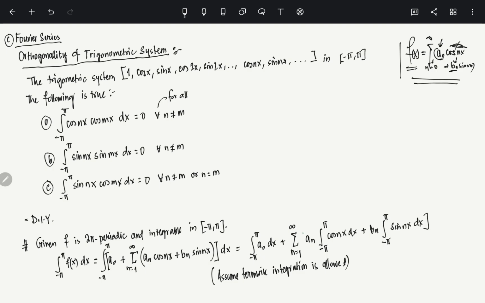See, very simple. Now you see what happens to cosine nx and sine nx between minus pi to pi. We know that this is of course going to be 0, right? And then what we have is a naught times 2 pi. So the integral from minus pi to pi of dx is 2 pi. So you have 2 pi a naught equals the integral from minus pi to pi of f(x) dx, right?